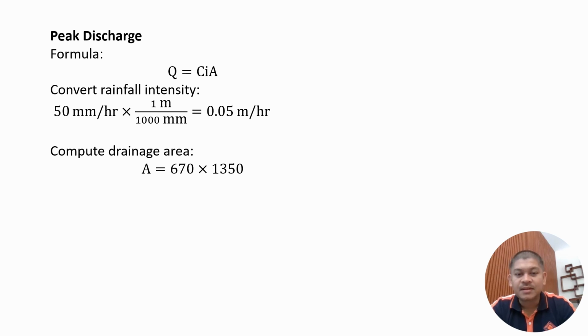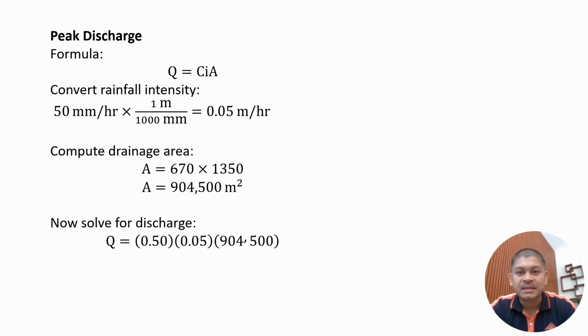Then compute the drainage area. That's 670 meters multiplied by the length 1,350 meters. So the area is 904,500 square meters. Okay, let's move on.